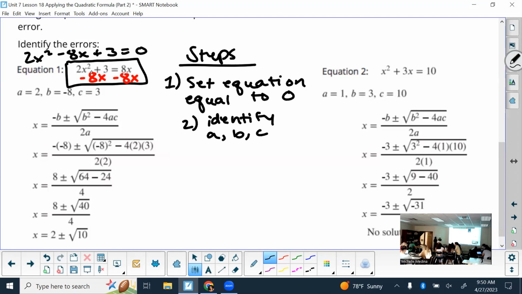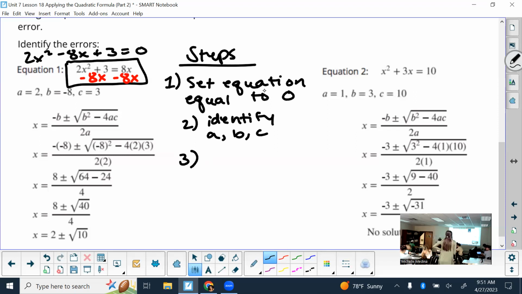They didn't show that they subtracted from each side, but that's what you would have to do. And that's why it's -8. So far, so good. Step 3 would be to do what? Well, we did that already when we set it equal to 0.